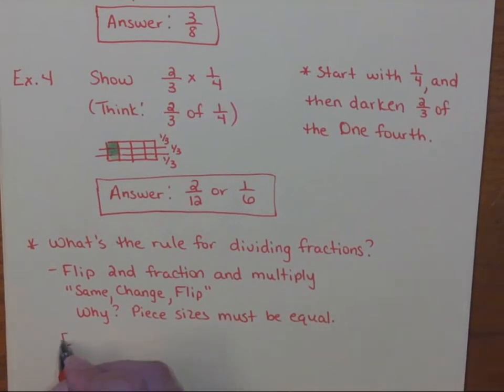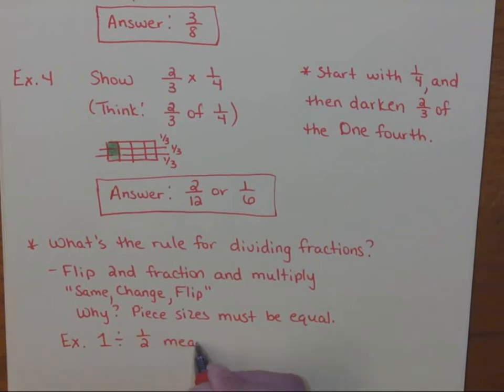All right, so let's take an easy example and talk about why it is that division works out the way it does. So if I ask you to divide 1 by 1/2, I'm really asking you how many halves does it take to get to a whole?